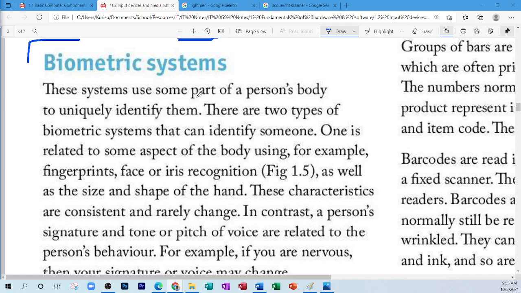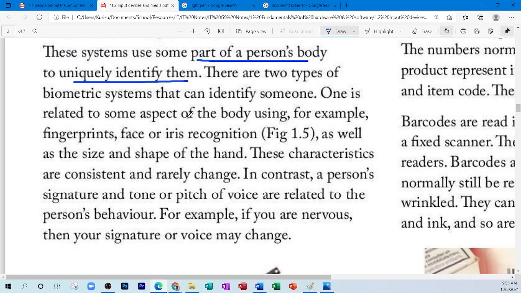These characteristics are consistent and rarely change shape. In contrast, a person's signature and tone or pitch of voice are related to the person's behavior. For example, if you are nervous, then your signature or voice may change. Good.